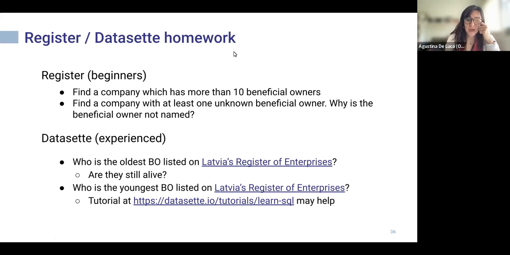fictional address. But now, if you want to continue testing and trying out the different things that we introduced today, you can continue to work with the register, and we encourage you to look for a company that has more than 10 beneficial owners, and a company that has at least one unknown beneficial owner, and try to attempt a response on why it's not named.